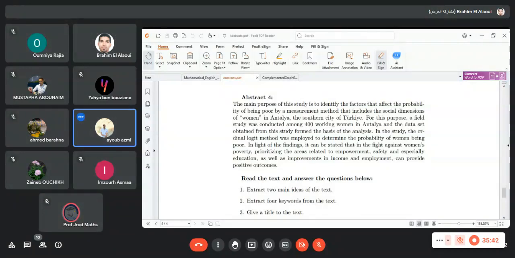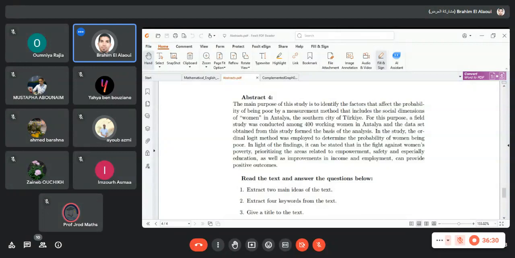In the findings, they conclude that prioritizing the areas related to empowerment, safety, and especially education can have a positive effect. Okay. Good.